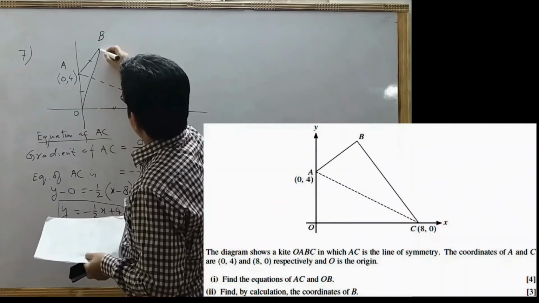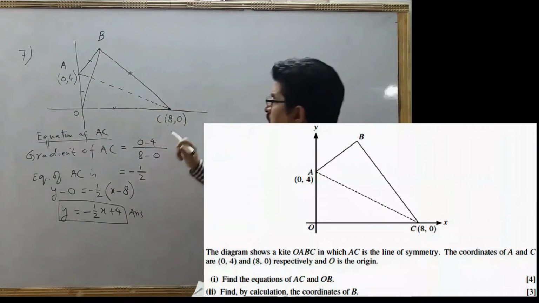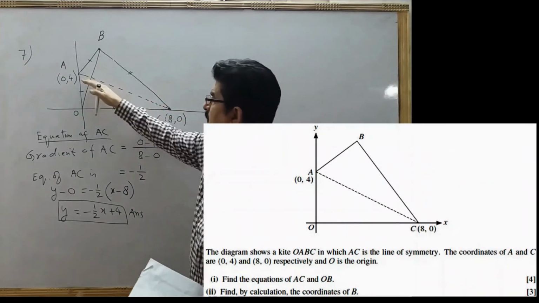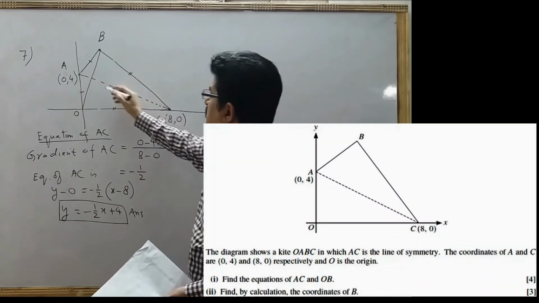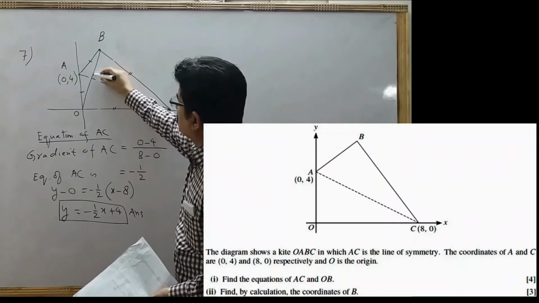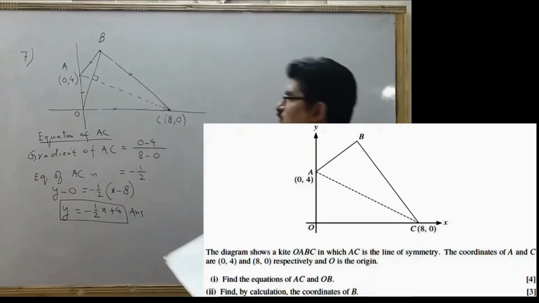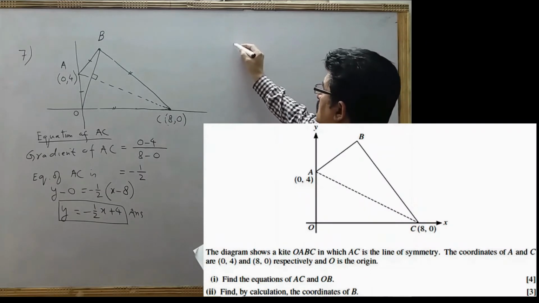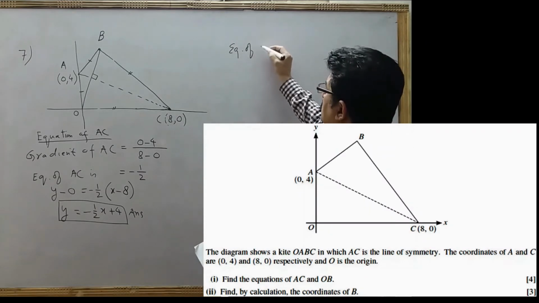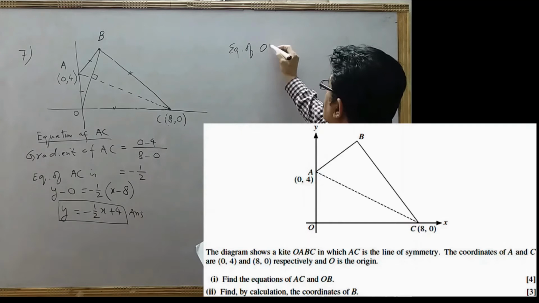Now we will use the property that the diagonals of a kite are perpendicular. So we are going to find the equation of OB.